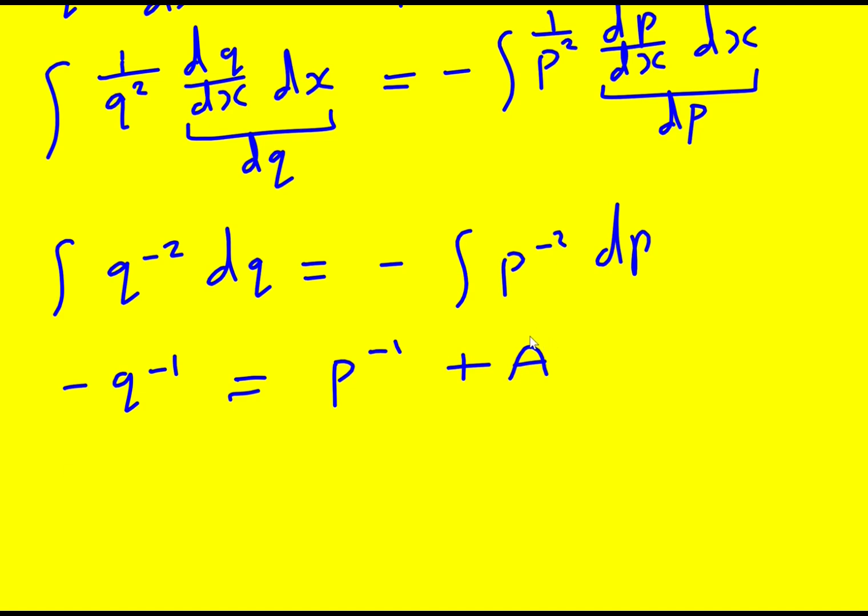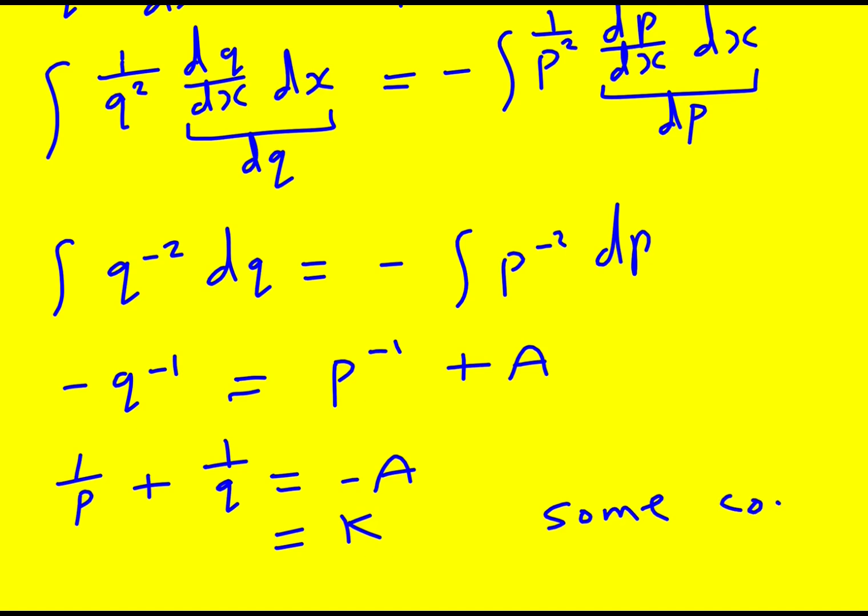I can then write that 1 over p plus 1 over q is equal to minus a, or just some other constant k, and we do have the same answer. So a lot more work, but we got there that way as well.